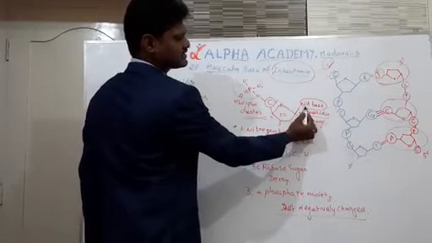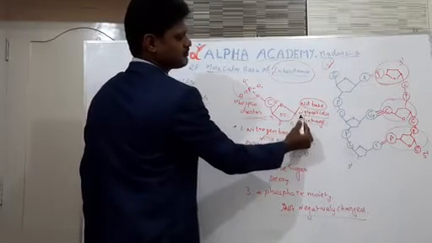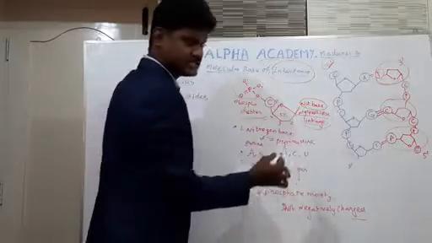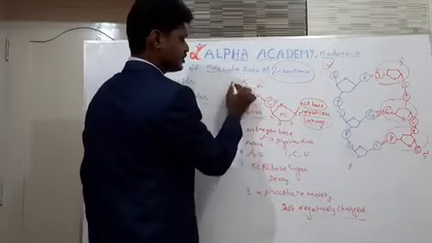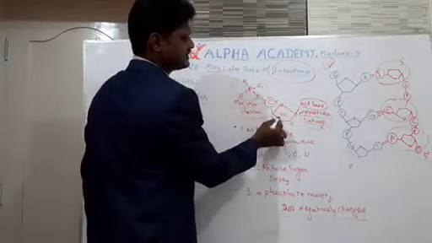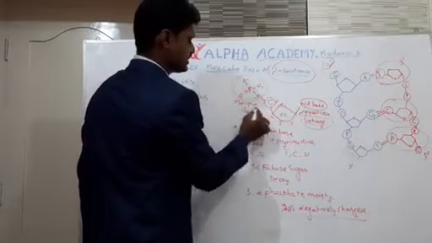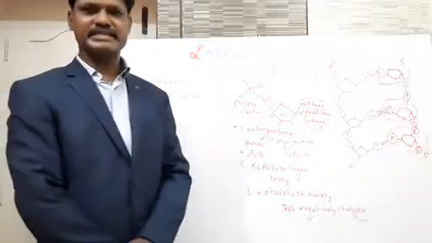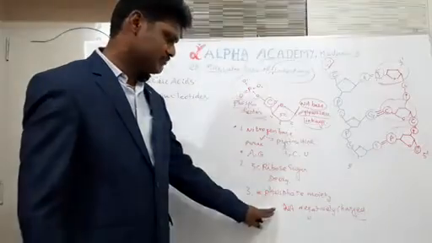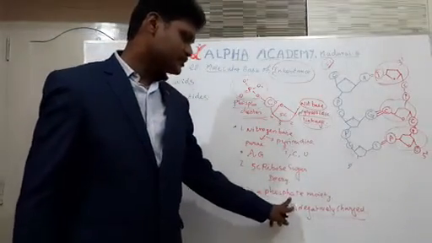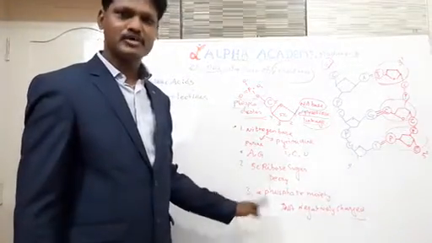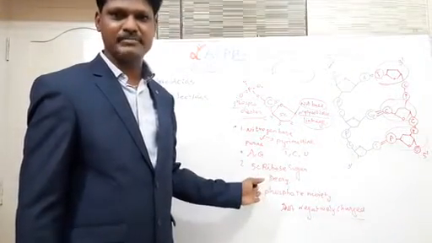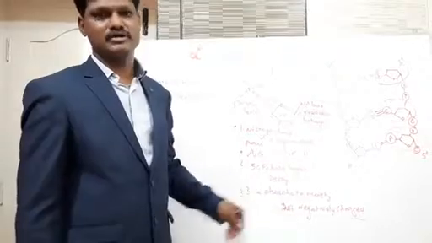One nitrogen base is attached with the sugar by N-glycosidic linkage, and a phosphate moiety is attached with the sugar by phosphodiester linkage. Basically DNA is negatively charged because of the presence of the phosphate moiety.